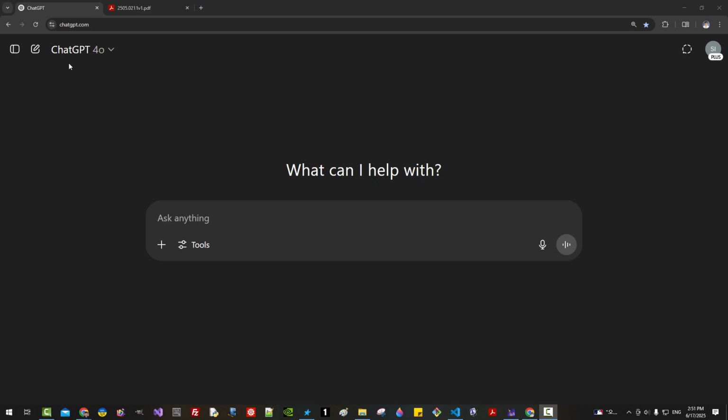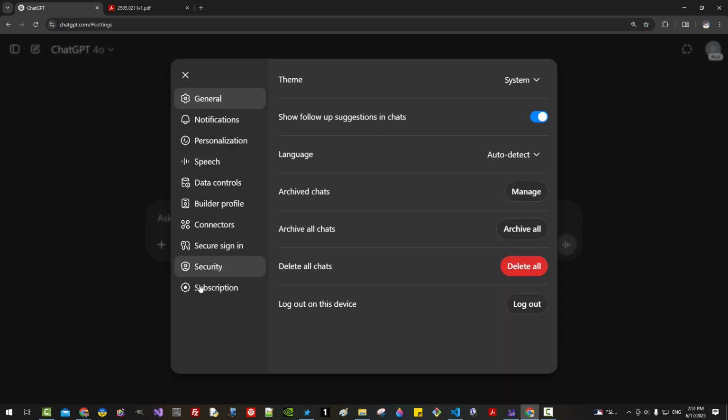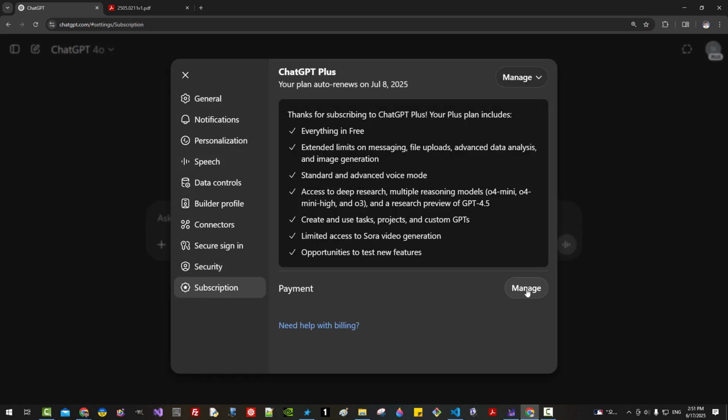Just so you know, I'm currently in the ChatGPT 4.0 model. This is my settings, subscription manage.